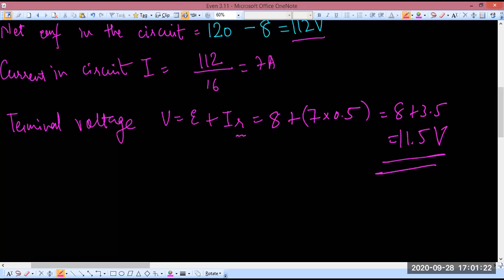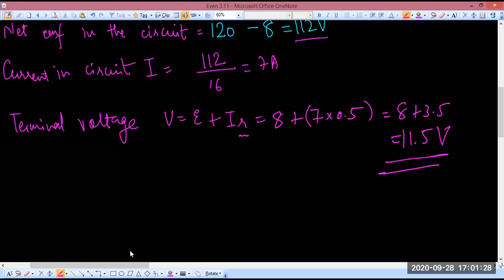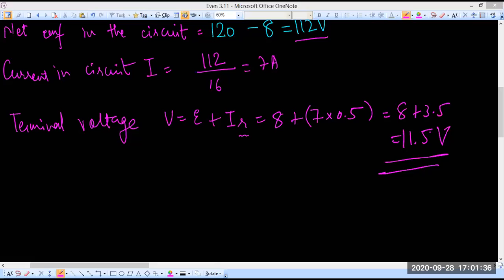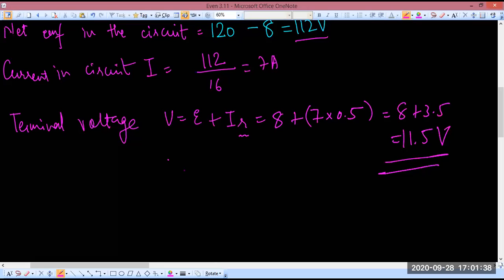Okay. Avinash, it has some other purpose. Okay, so that's it, right? I hope this is clear. Please don't use the wrong formula. Don't use this, because this formula is used when this battery is discharging, right?